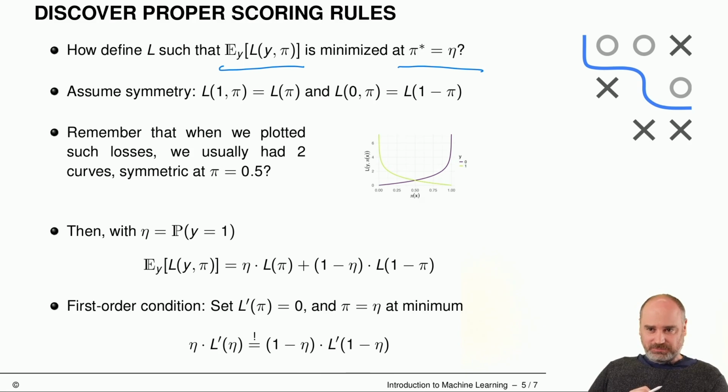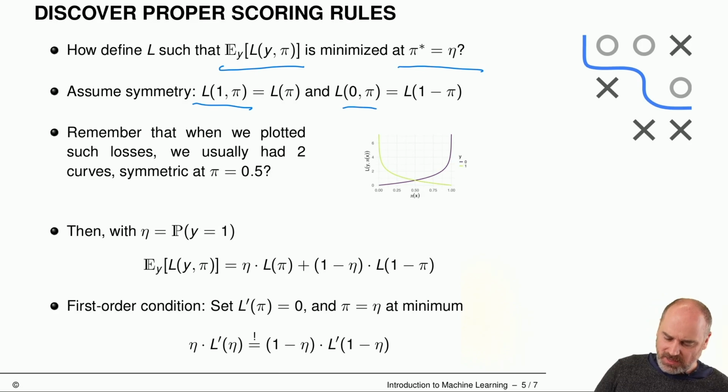So in order to simplify things here a little bit, I'm going to assume something about my loss function, which is not super restrictive. I'm going to assume a certain form of symmetry, because I really hate writing this here with a 1 and with a 0, and then I have like these two potentially different functions, depending on what label y I insert there.